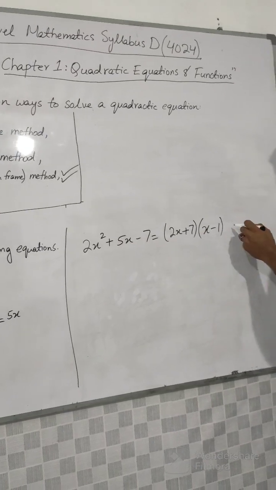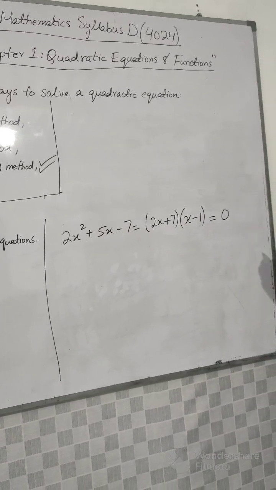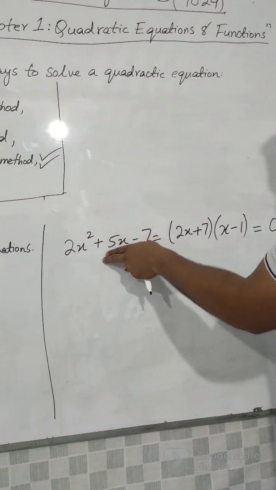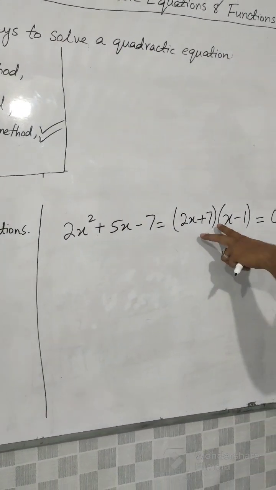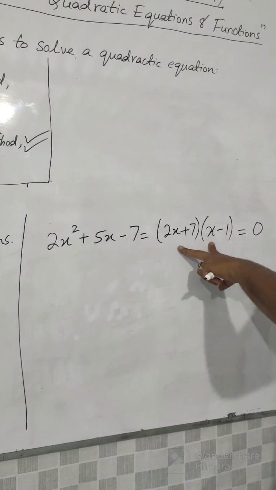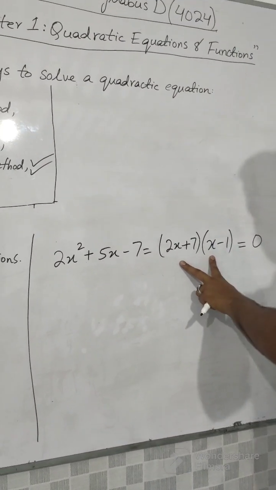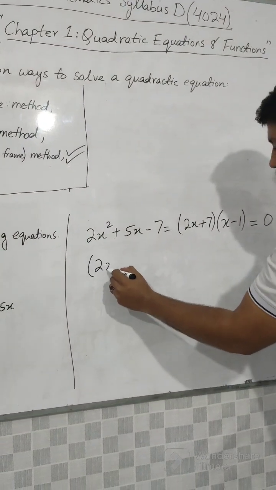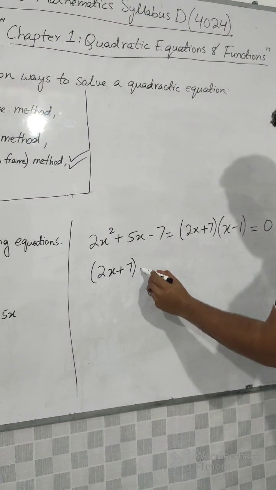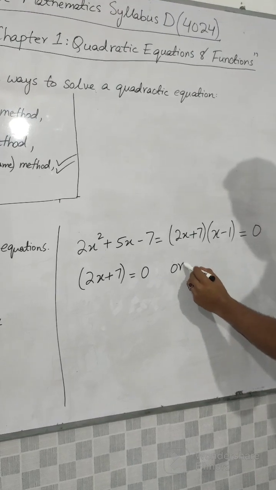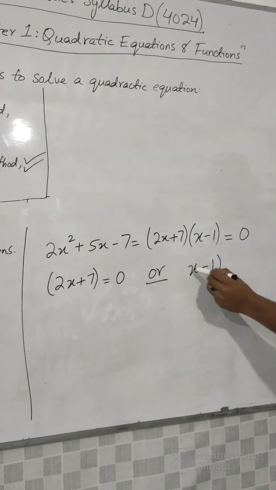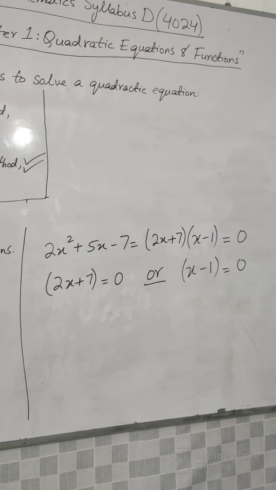So you have this here now. Because this equation was factorized into this using the multiplication frame, now equals 0. The first bracket equals 0, and the second bracket equals 0.